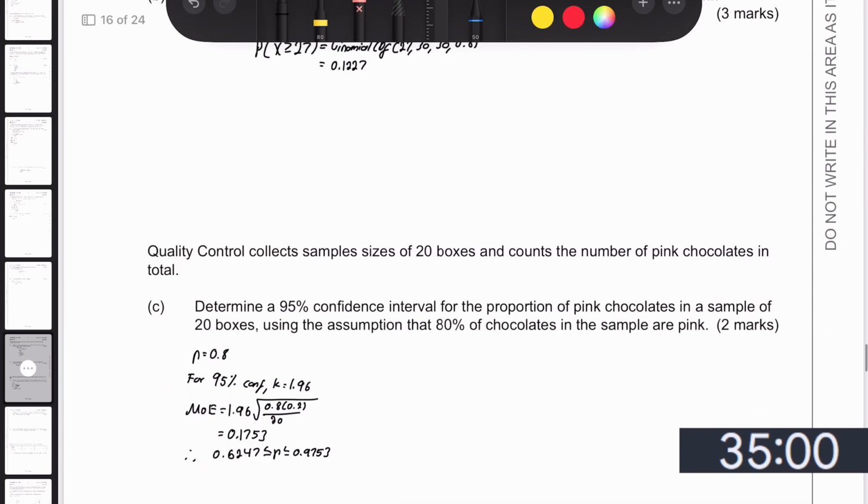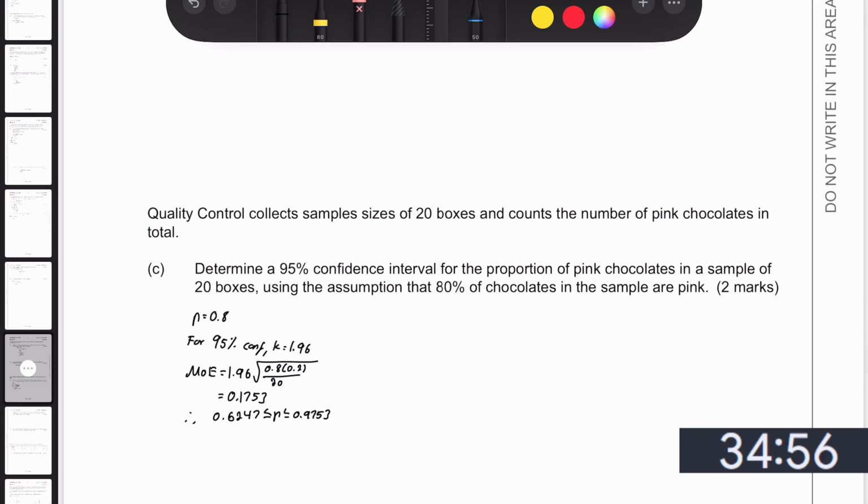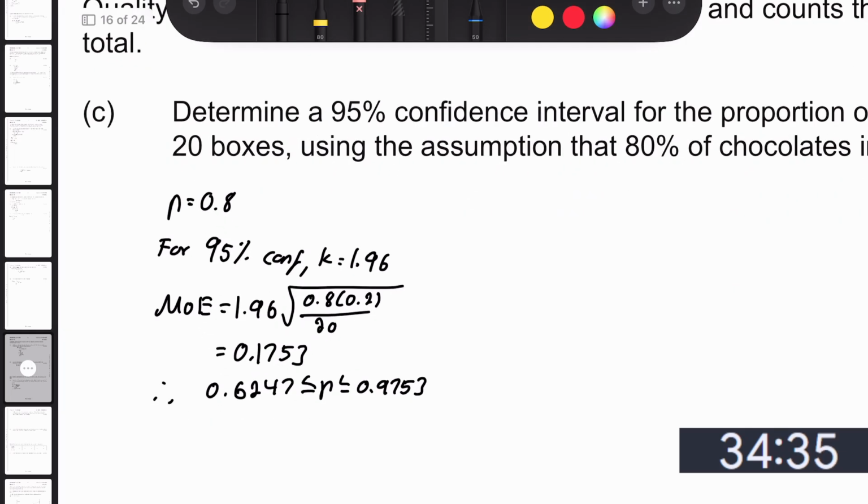He wants the proportion of pink chocolates in a sample of 20 boxes. Sample. Oh, I think I get it.